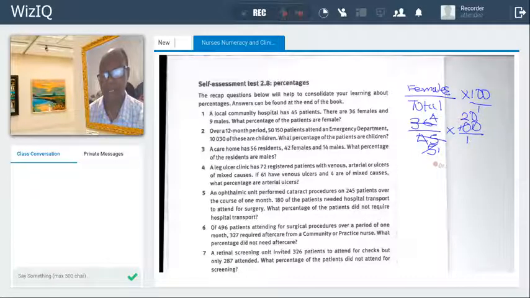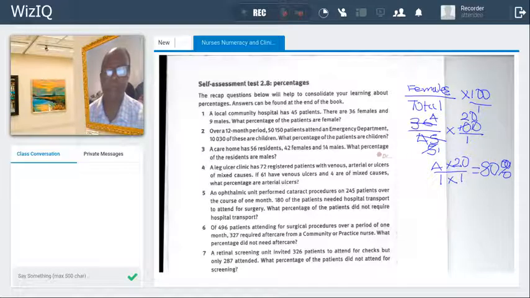Now I multiply the top, 4 times 20, divided by 1 times 1. 20 times 4 is 80, and 80 divided by 1 is 80. So this is 80%. That's how we get the percentage of females. All right, let's go to question number 2.